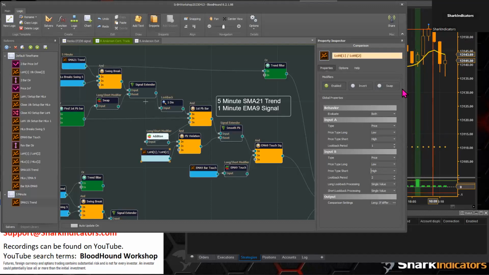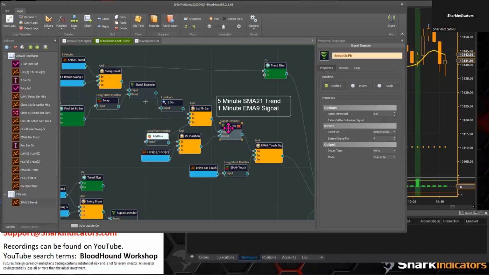If the high prices go higher, it's going to generate a short signal, and that is what resets or turns off the signal extender. So you have to reverse your thinking because of the way I'm using the reset signals. It's in a reverse fashion, which to me makes more sense.